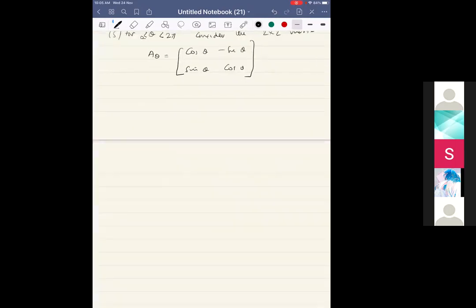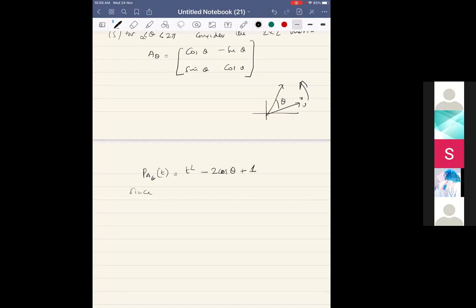If you look at its action on R2, what it does is take any vector v and turn it around by an angle theta. P_A theta of t is t squared minus 2 cos theta t plus 1.